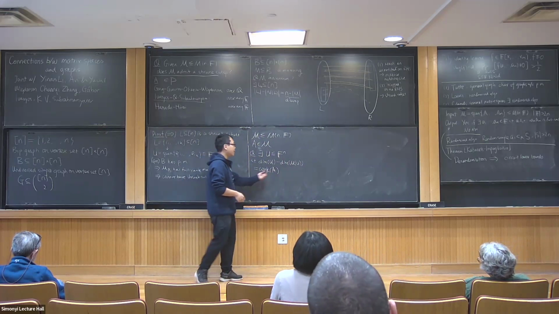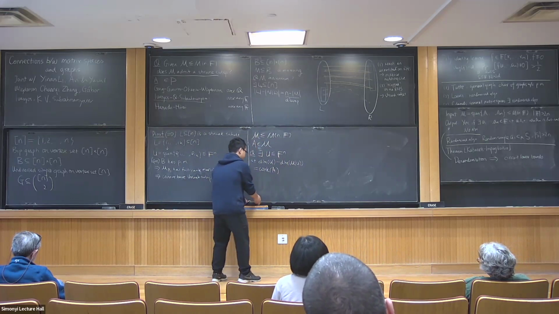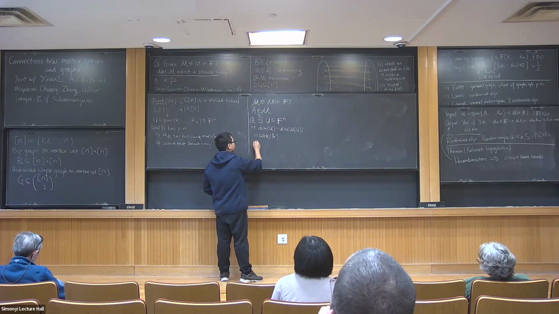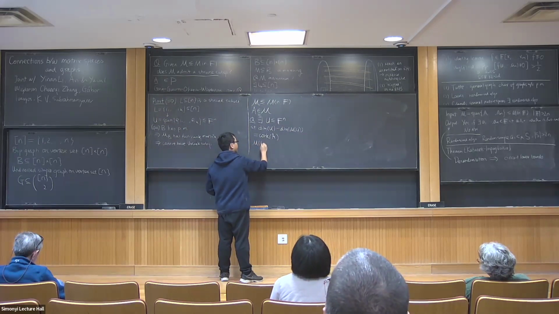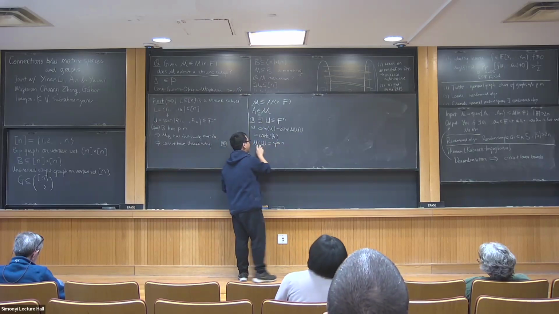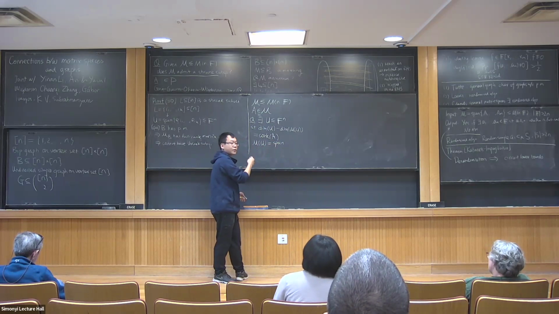So let me define MU. MU is essentially defined by the span, because M consists of many matrices, right? It's a matrix space.